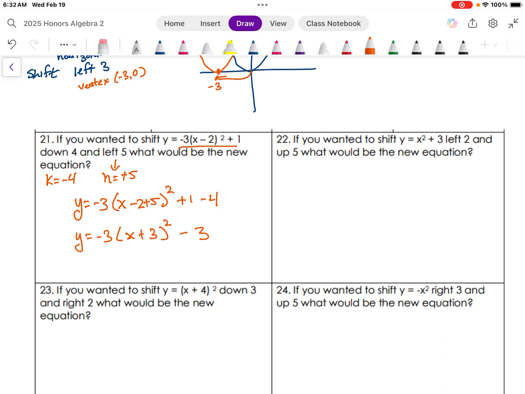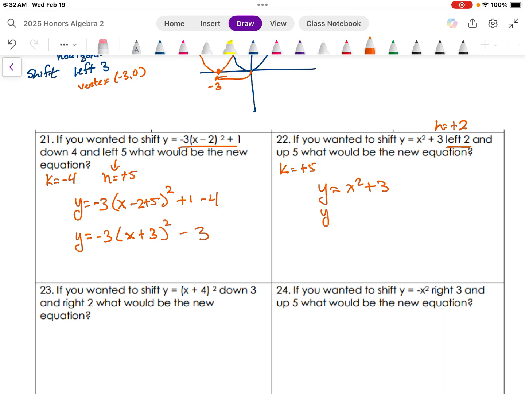If you want to shift that equation left 2 and up 5, so for the k, I have to add 5 to it. And then again, left means I add, so I have to add 2 to the h value. So now, as we look at our equation, y equals x squared plus 3, there's no h in there because there's no plus or minus inside.